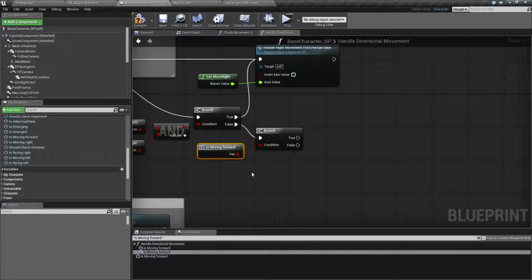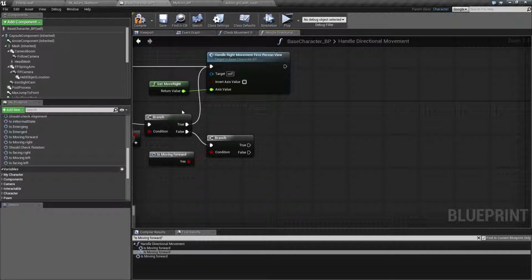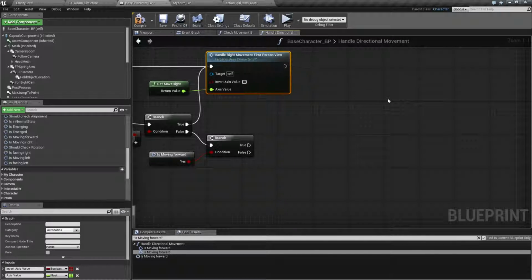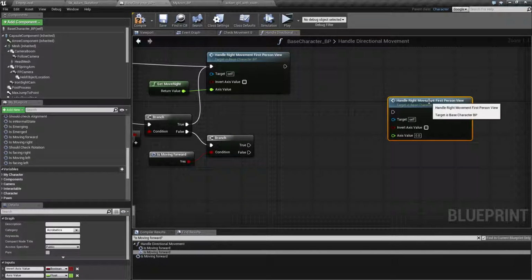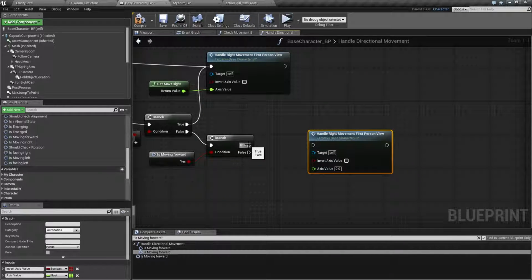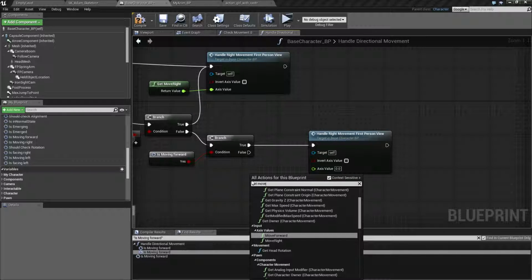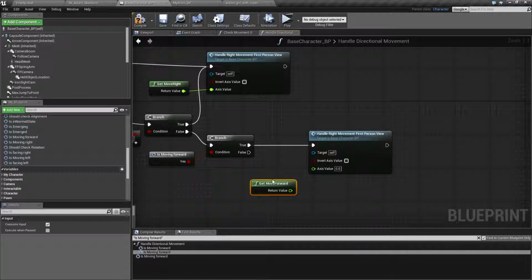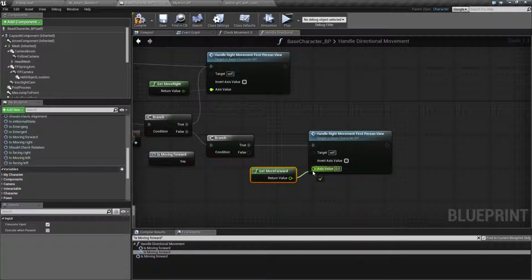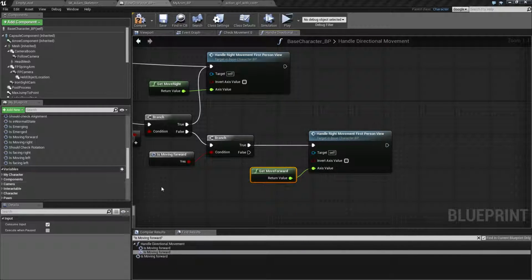If we are moving forward, then we will call this one with the get move forward value. So let's see, we want to invert, well, let's actually not do anything about that yet.